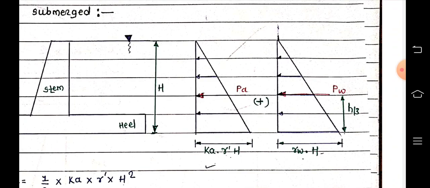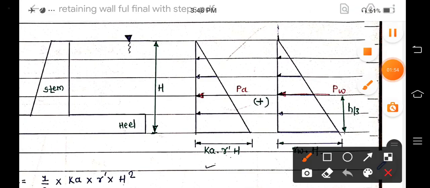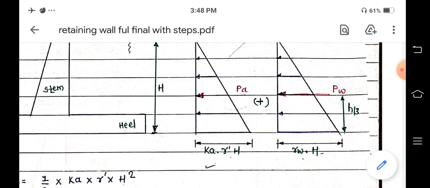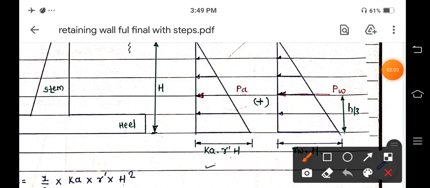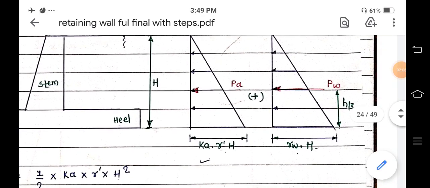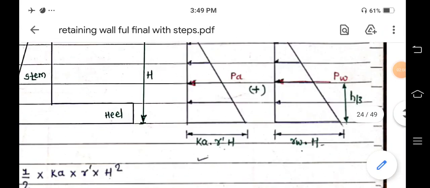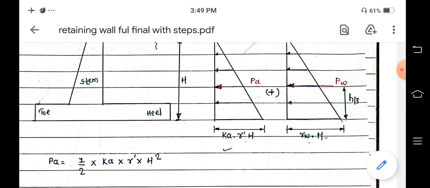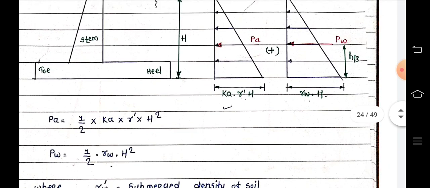So draw the pressure distribution diagram. This is the pressure distribution diagram. This is the pressure of water, and this is the active earth pressure. In the pressure distribution diagram, as we learned in fluid mechanics, the pressure at the bottom will be gamma W into H. To calculate the intensity of the pressure, we calculate the area of this triangle, that is 1/2 gamma W into H into H, that is H square.